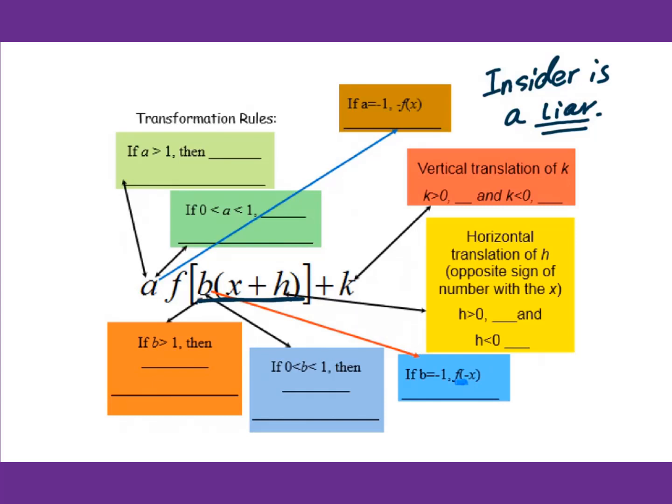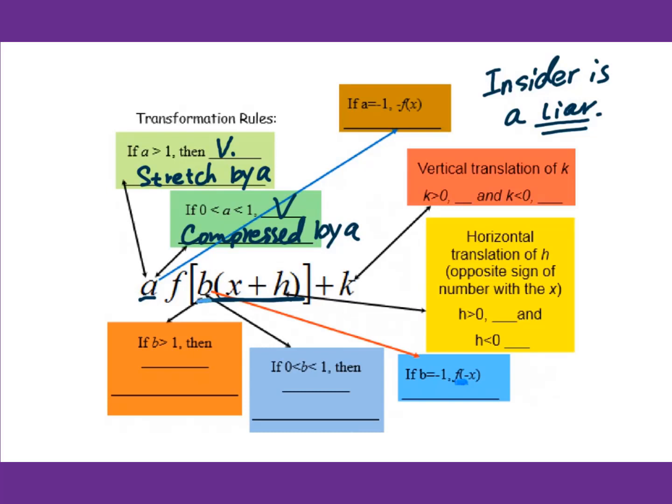For this A greater than 1, that means you have to do vertically stretch by factor of A. If A is between 0 and 1, you will do vertically compressed by factor of A.